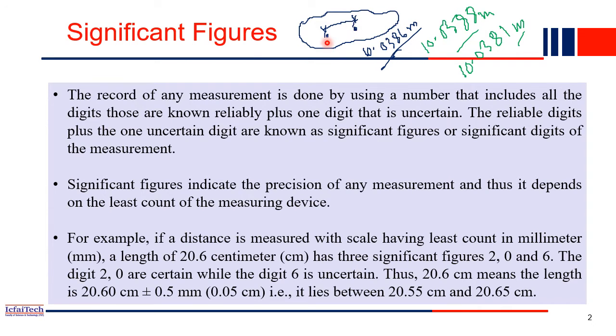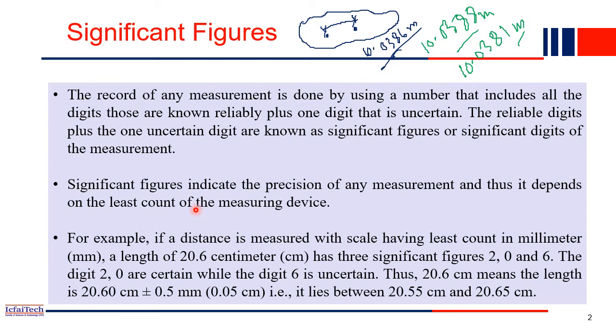But if you are using a centimeter scale or a meter scale, you may lose a few digits at the end, because the divisions will be large, so in the last few digits you may miss some points.